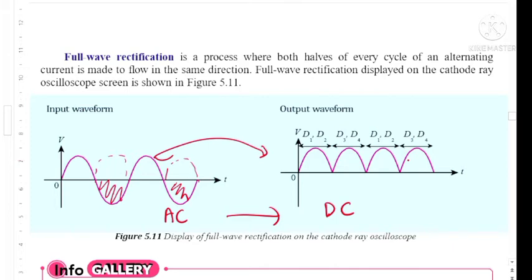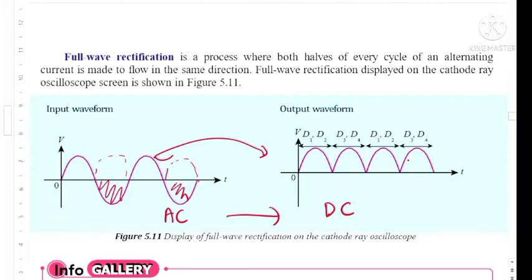If you look at the output for the full wave rectification, the magnitude of current is not steady. You can see the current increase to maximum and then decrease to 0, increase again, so the magnitude is not steady as compared to a dry cell.